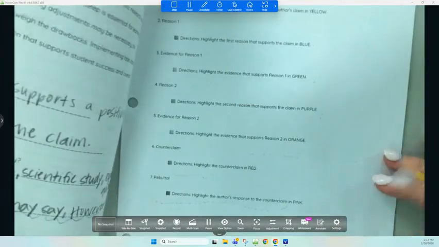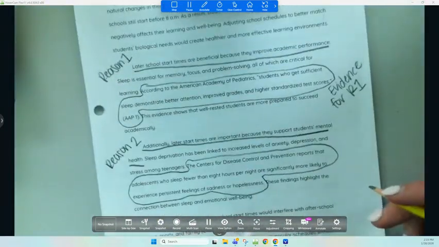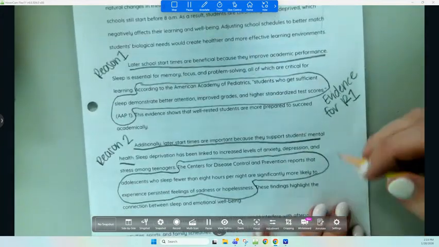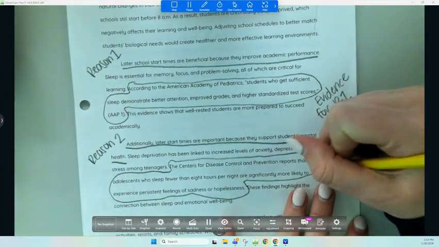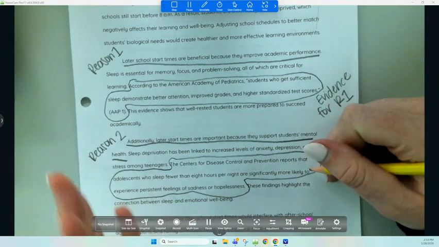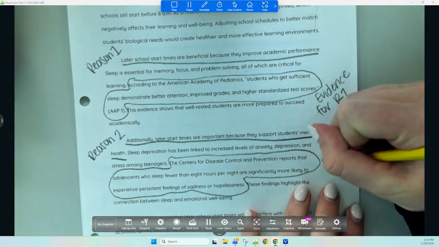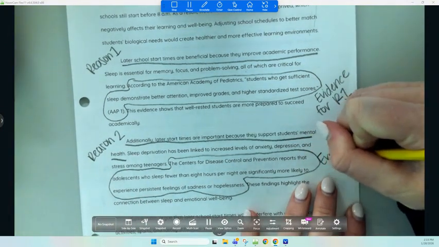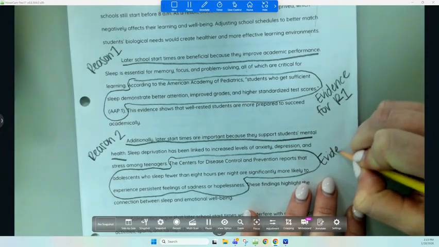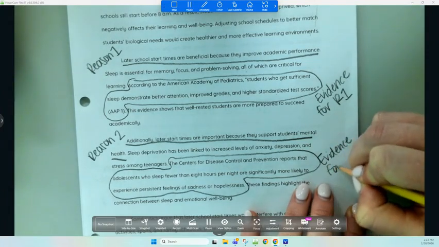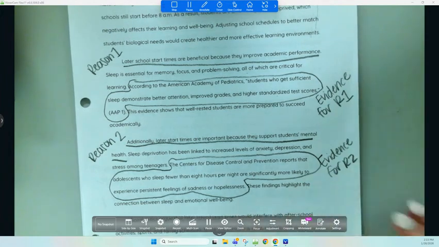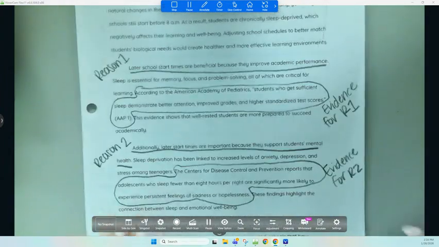That would be the evidence, which is an expert quote. So I believe that was a scientific study. They didn't say it was a study, but it was a study. So I'm going to put evidence for reason 2.